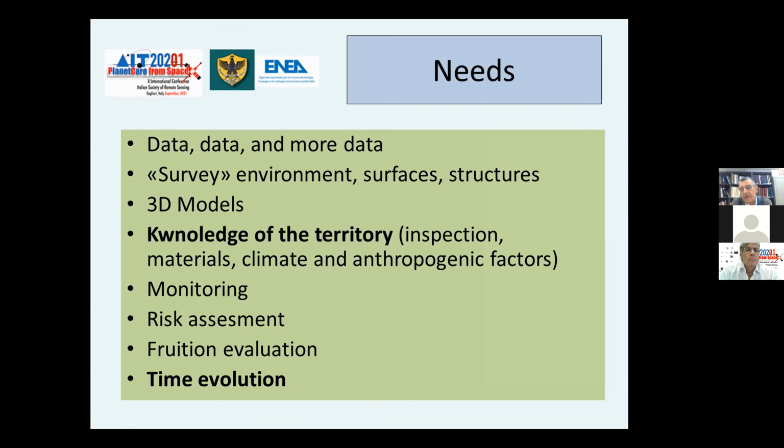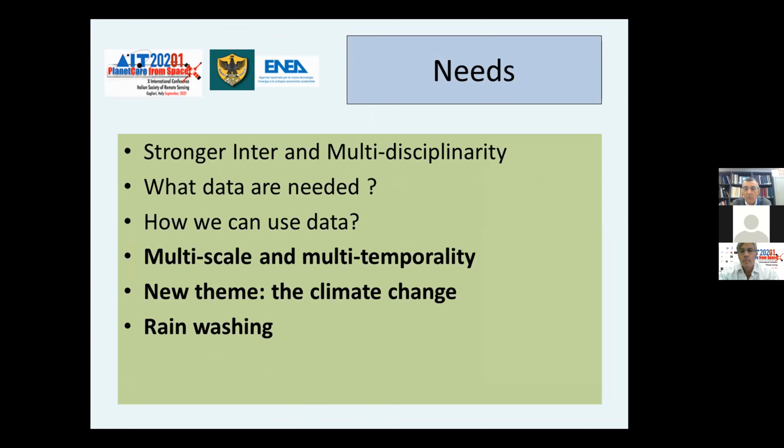And so the inspection, the material, the climate, anthropogenic factors, and so on. Of course, other terms are well known, such as monitoring, fruition, but very interesting is the time evolution. So multi-scale and multi-temporality are very important.